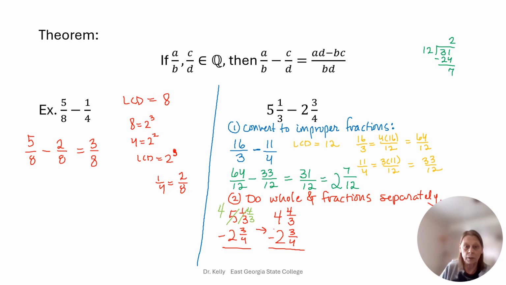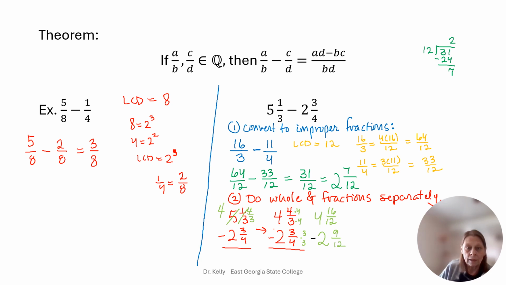This is going to have to be 12. So this is going to be 4 and 16 twelfths, because we'll have to multiply this by 4 and 4 to get the 12. And this is going to need to be multiplied by 3 and 3 to get the 12. So this is going to become 2 and 9 twelfths.